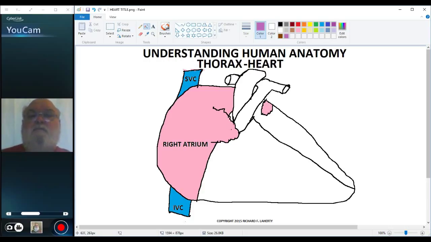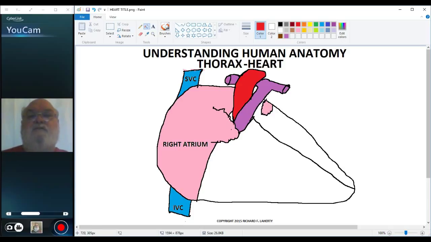And I'm going to color the pulmonary trunk and the pulmonary arteries in a light purple or lavender to indicate that this artery is carrying deoxygenated blood, and we'll color in the aorta in red to show that it's carrying oxygenated blood.